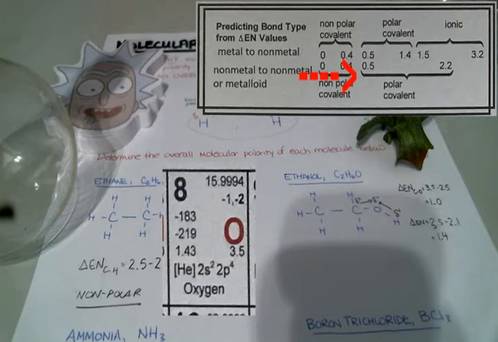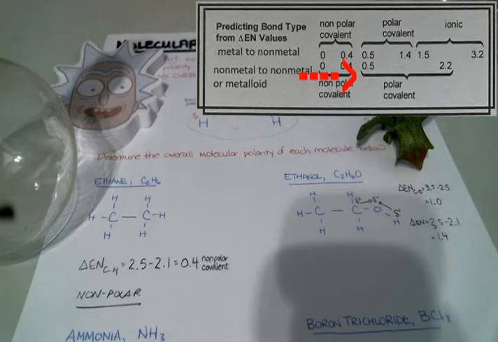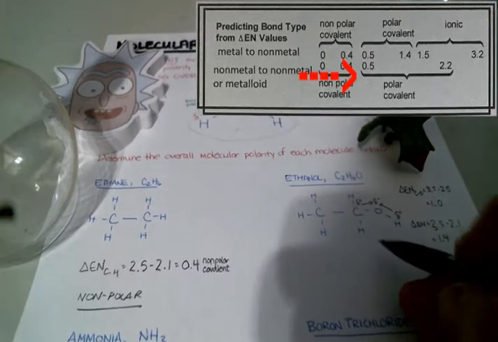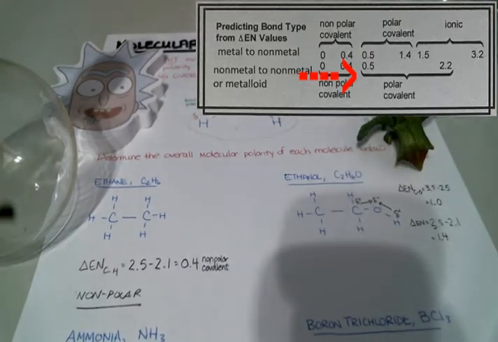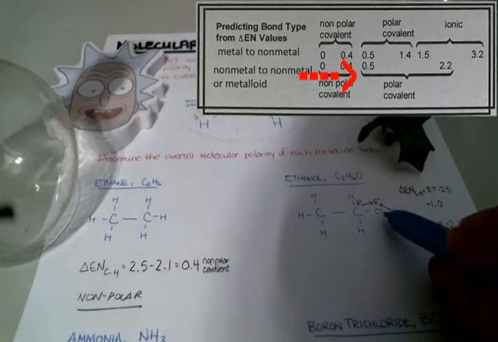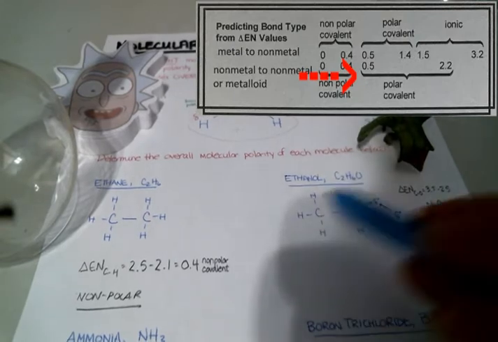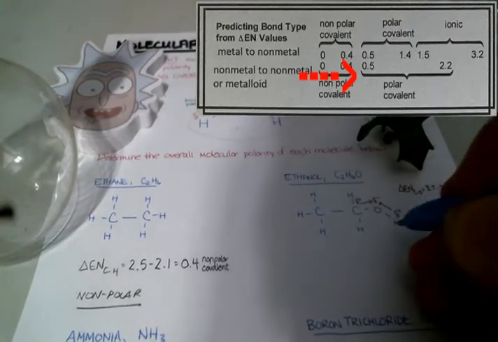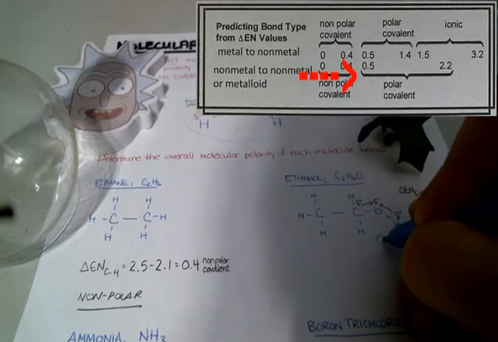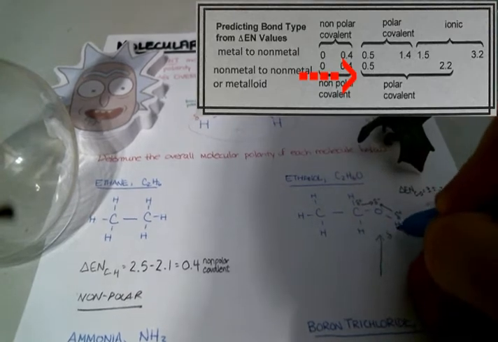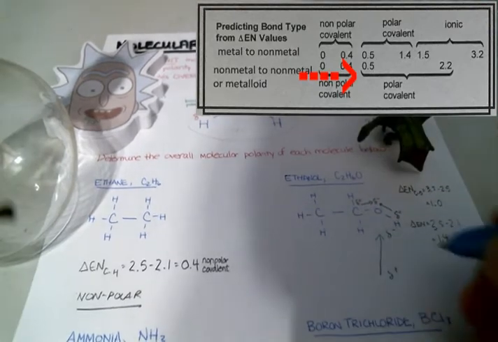And what does this do? Well, it creates an overall polarity in this molecule that goes towards that oxygen. How you draw it is really up to you. There's a lot of different configurations for this because that oxygen could be here, here, here, here, here. But I would just kind of draw it like this, I guess. Delta minus, delta plus.